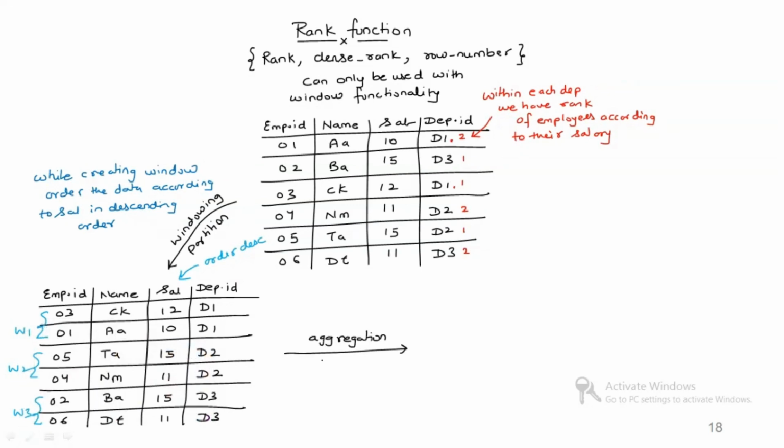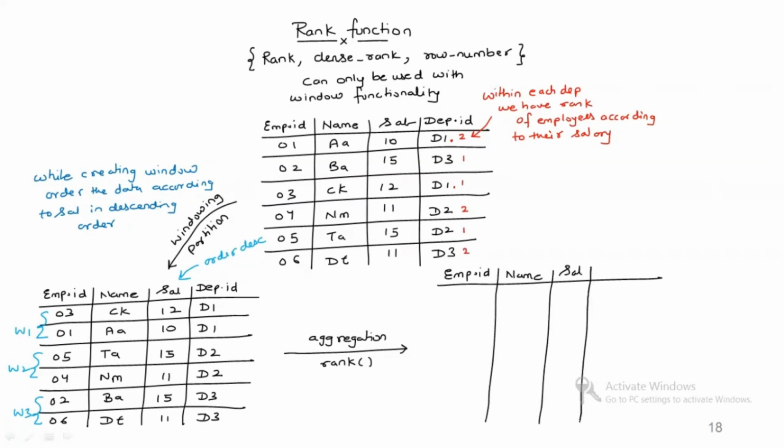So let's move to the second step, which is aggregation. Now I will perform aggregation, and here I will apply the rank function. So how would my output look like: employee ID, name, salary, department ID, and rank.